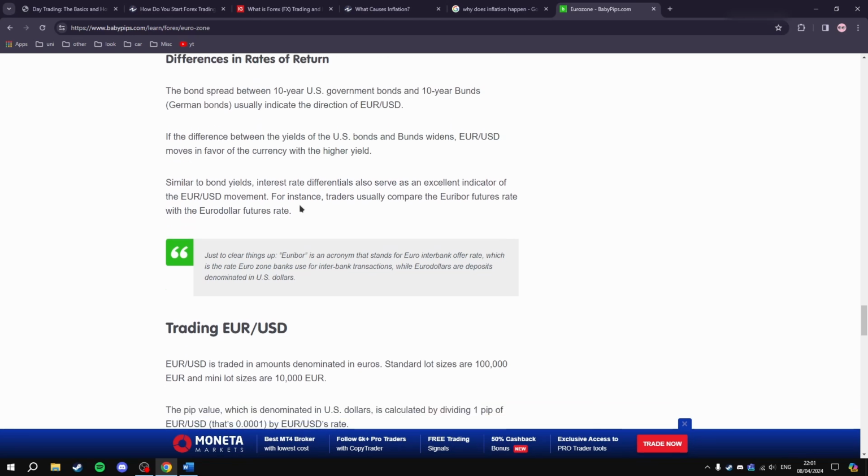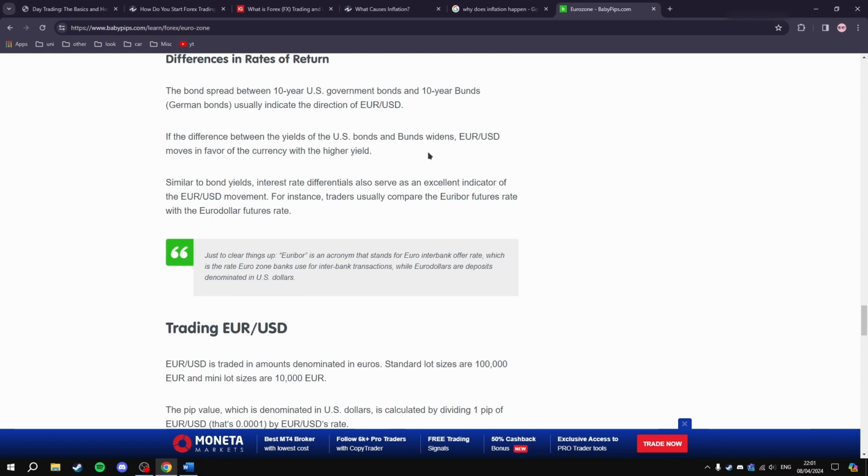Differences in rate of return. The bond spread between 10-year US government bonds and 10-year Bunds, Germany bonds, usually indicates the direction of the Euro USD. If the difference between the yields of US bonds and Bunds widens, EUR USD moves in favor of the currency with the higher yield.